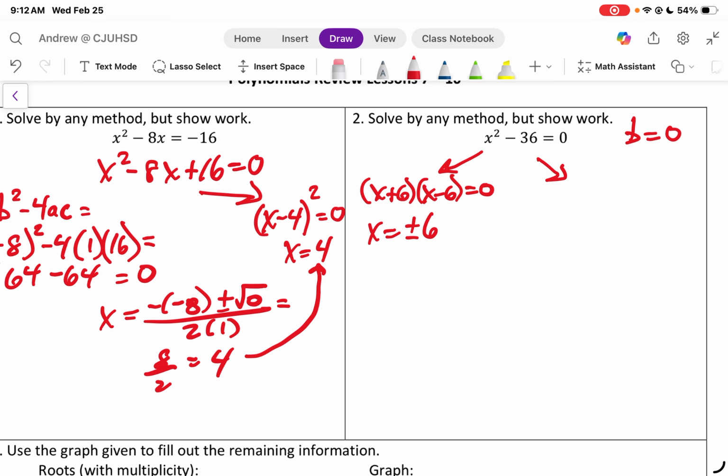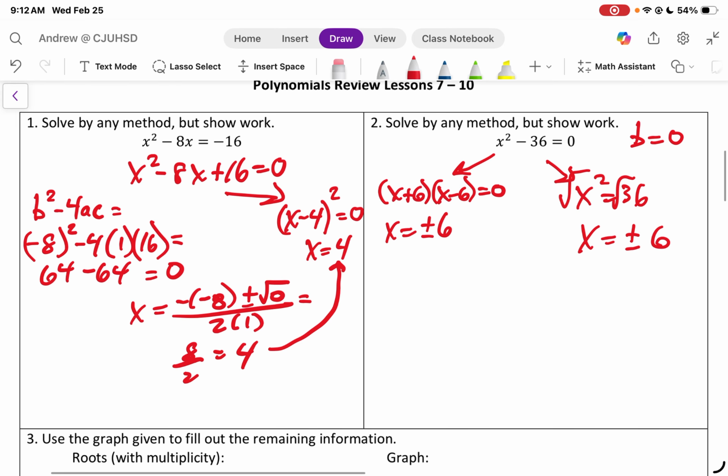But what I could also do is just add 36 to both sides and take the square root. And remember that I have to put on the plus or minus. So again, any method, some are better than others. But whatever you decide to do, show your work.